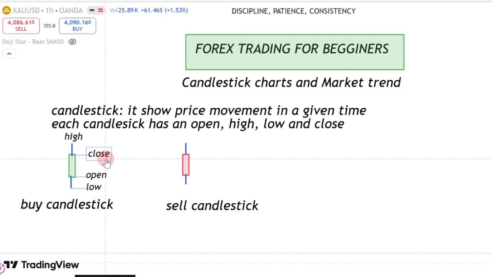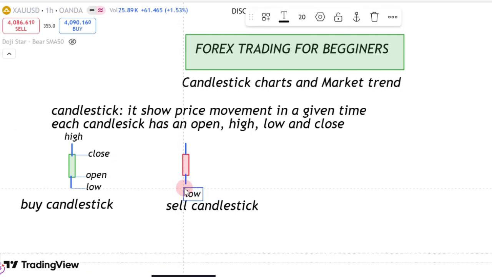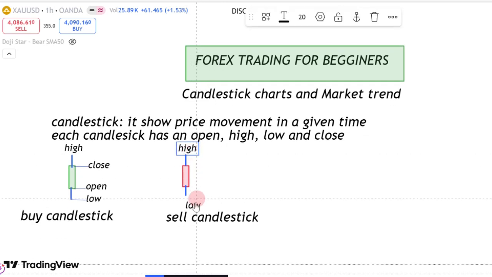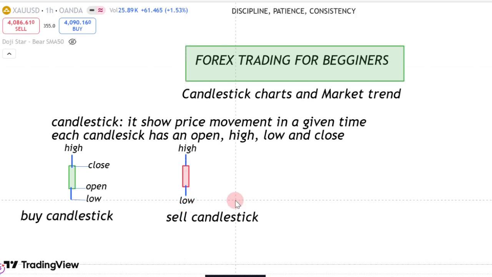So let's look at the sell candlestick too. For a sell candlestick, you still have the low and the high. So this is the low, and we have the high here. Because this one is selling, it is coming down.